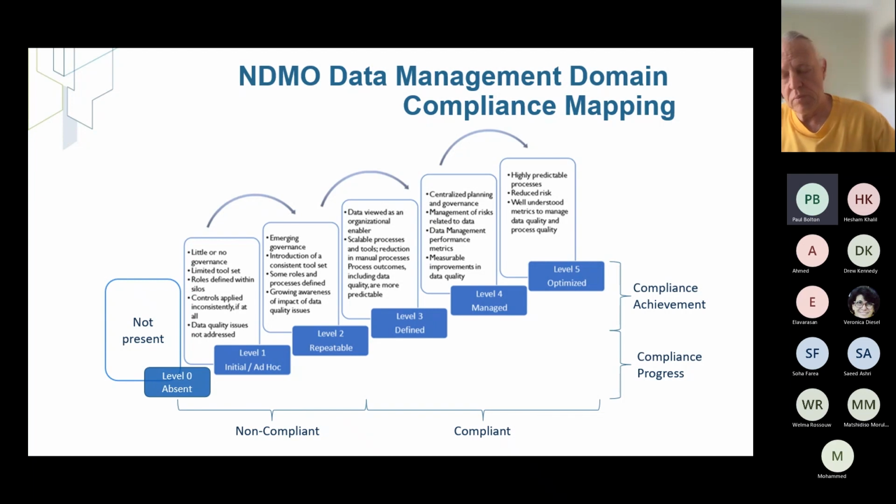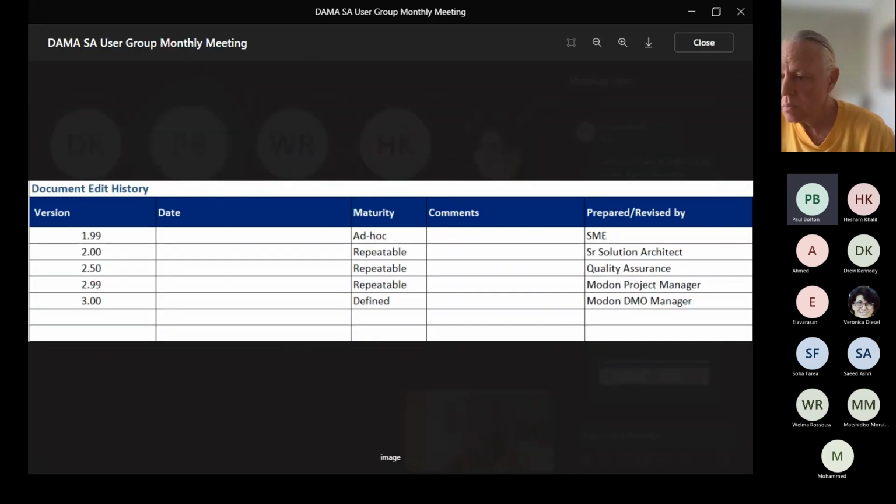So we started off with the SME, you can see coming through there, would produce the work, would set the work at a 1.99, then it would go off to the senior solution architect. In most cases, or pretty much every case, was Howard. He would then promote it from our work to the 2, and then we would allow a review process to happen to get to a 3. And that's how we threshed out ensuring that we met the standard.